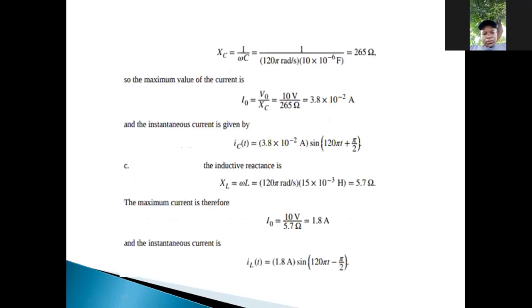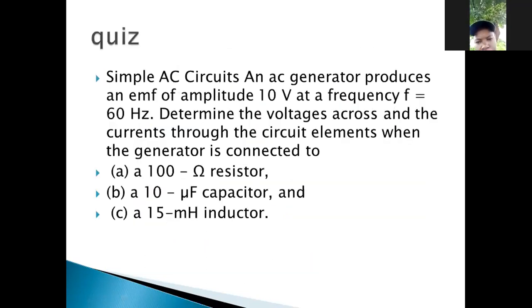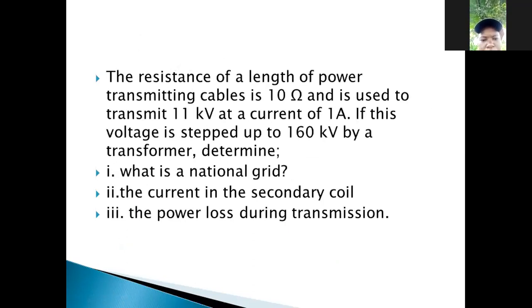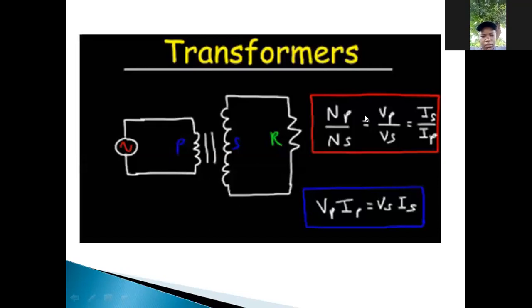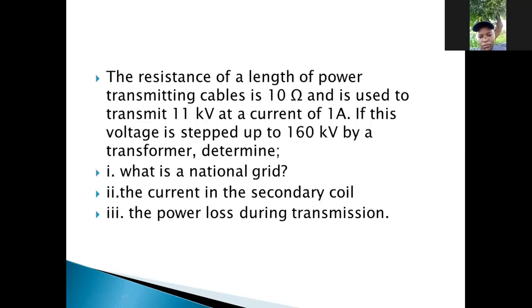It has not been done for us, but I'm sure you can use these equations which we have. What is the current? We can use these equations which I've shown on this side here, and we can calculate the power. So for the current you can use, for instance, this equation here. If we have our power in the primary coil, we can look at that one.